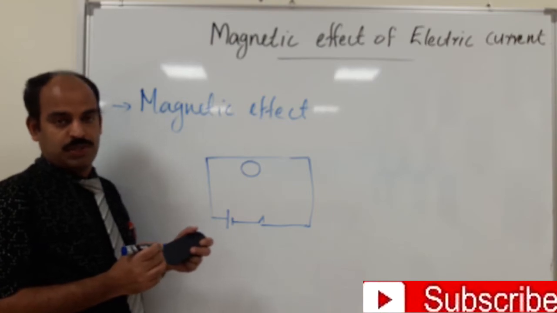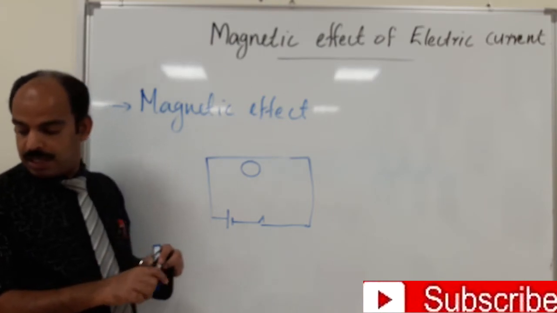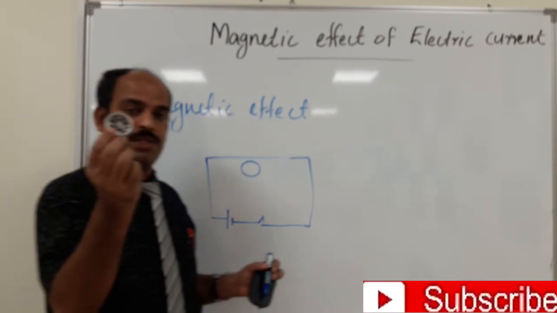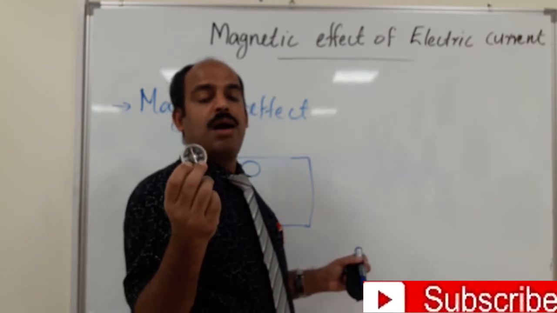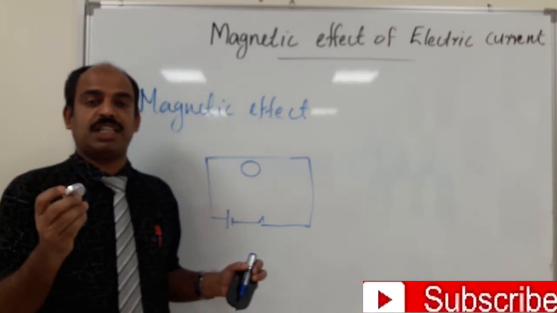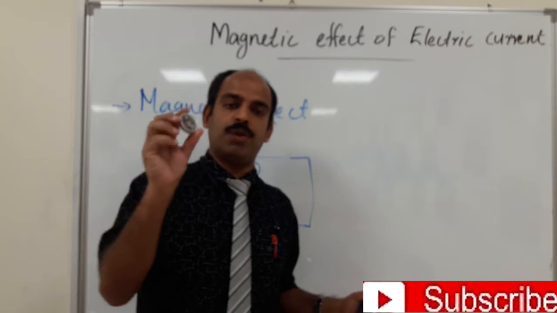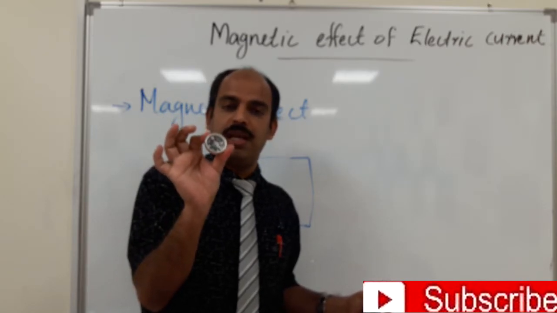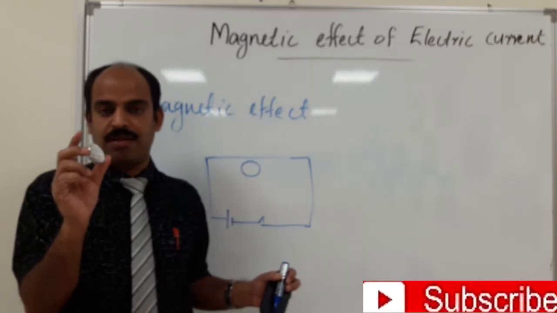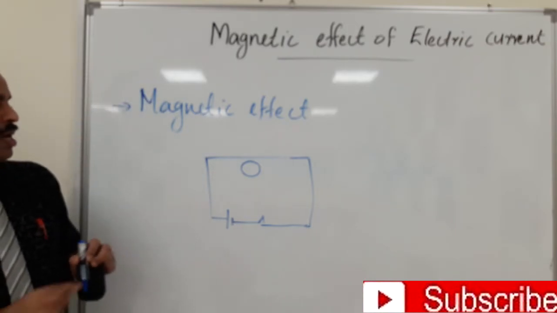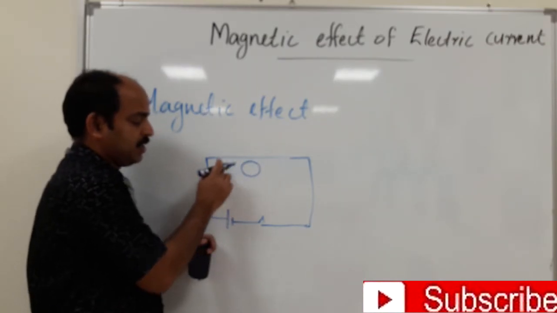You know what a compass is, right? To find the direction and presence of a magnetic field, we can use this compass needle. The compass needle itself is a magnet. So keep it near this conductor.